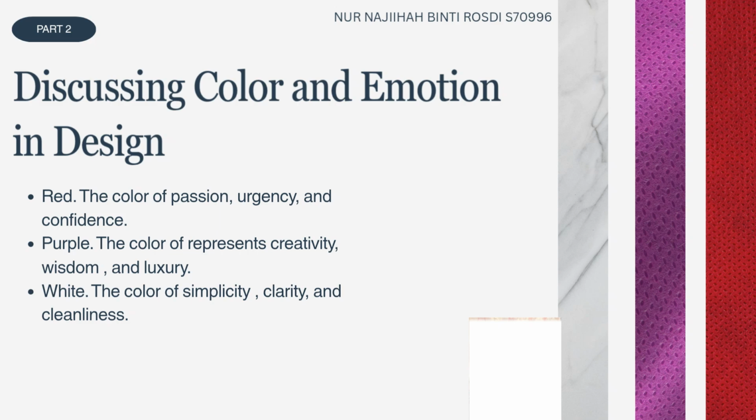It grabs attention instantly, which is why it's used in warning signs and sale banners. In a presentation, use red to highlight critical information, a key statistic, a deadline, or a bold call to action. But be careful, too much red can feel aggressive, so use it as an accent, not a base.